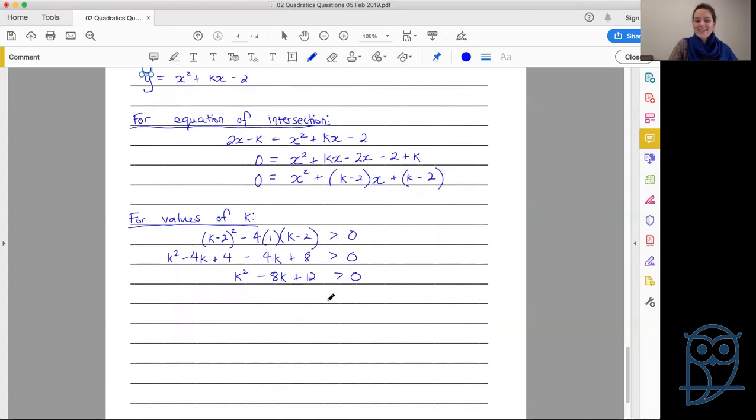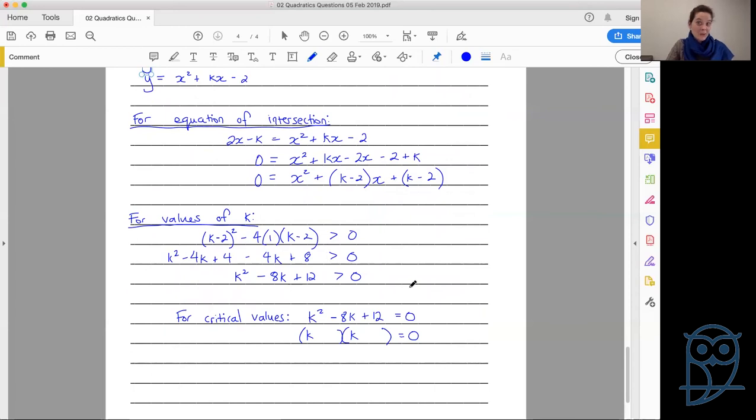For critical values, we now have k squared minus 8k plus 12 equals 0.